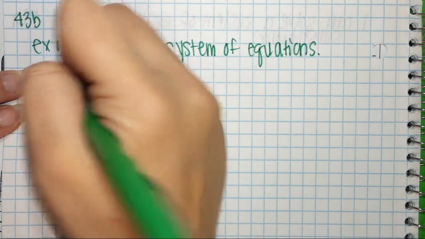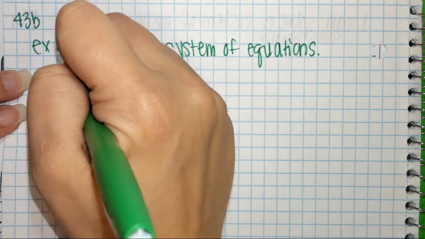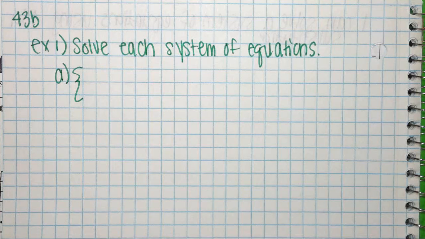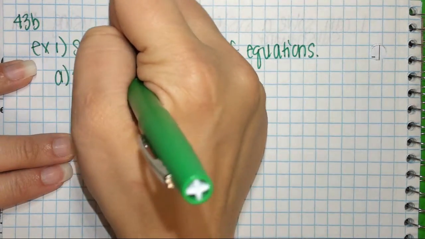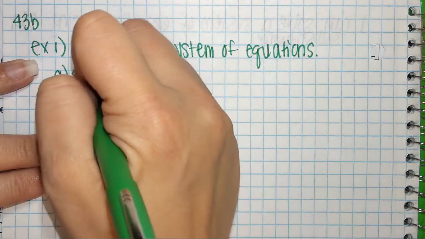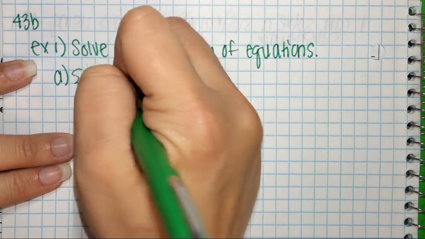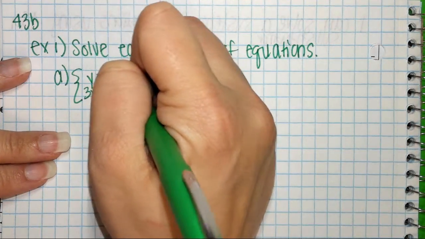Our first problem that we're going to do in a system is how many equations? 2 or more. At least 2 or more. Good. So you have y equals x plus 5 and 3x plus y equals 25.